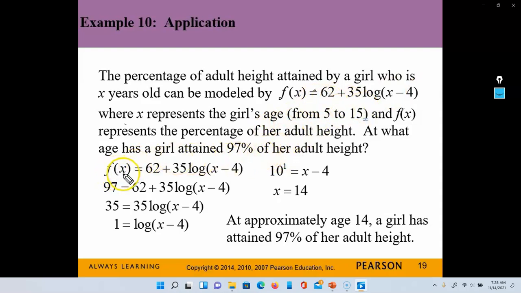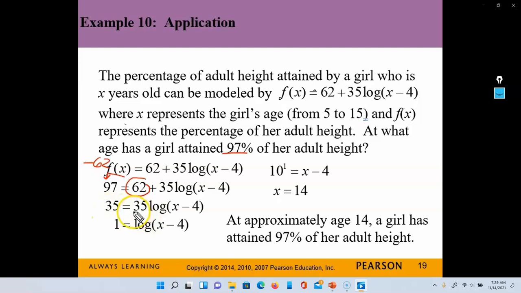The f value here is 97, which is a percent. We don't convert it to its decimal form. And we get this. So, again, we're going to move the 62 over to this side as a negative 62, and 97 becomes 35.